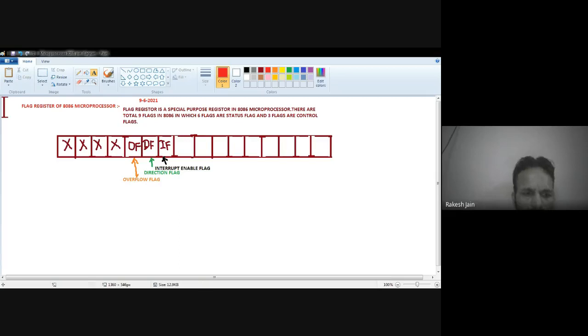Now we talk about the remaining flags. They are the same: sign flag, zero flag, auxiliary carry flag, parity flag. One more is the trap flag. The overflow flag is not a control flag. The direction flag, the interrupt enable flag, and the trap flag are your control flags. The next one is your trap flag, which we can denote by TF.